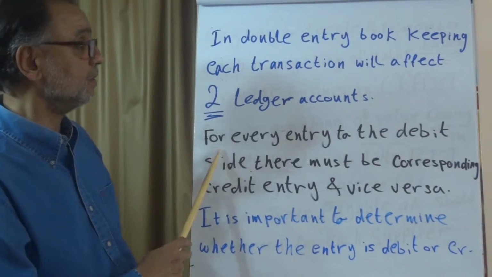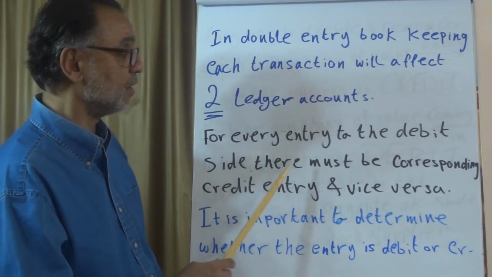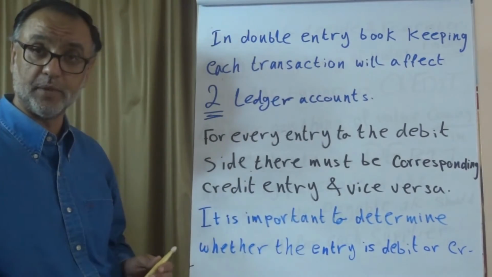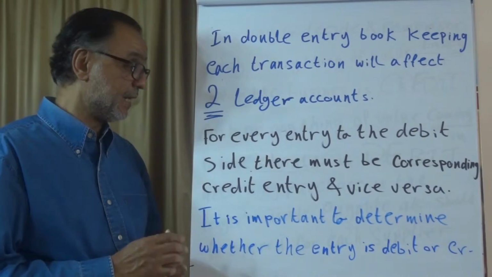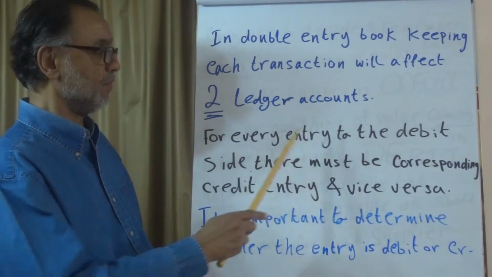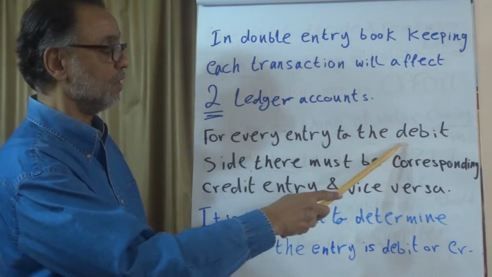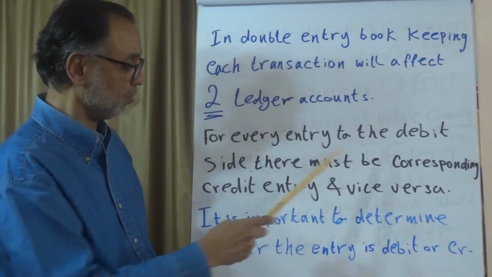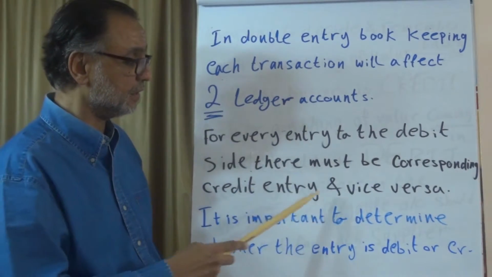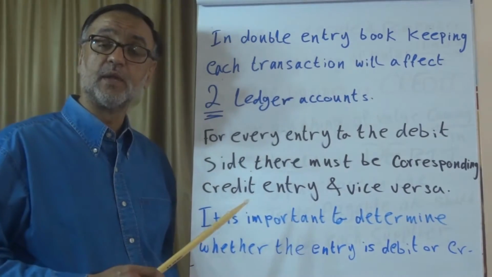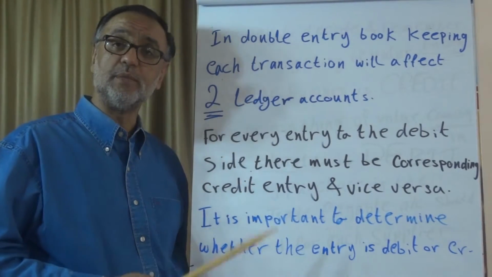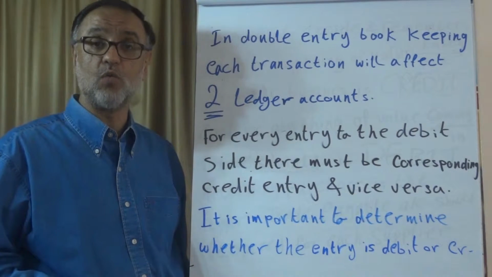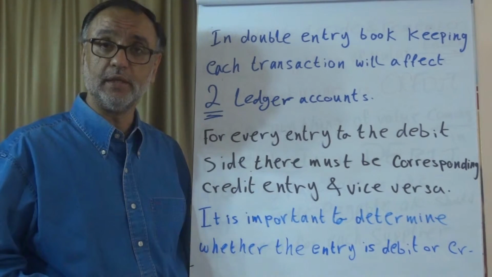For every entry to the debit side, there must be a corresponding credit entry and vice versa. If you did a debit entry, there should be a credit entry. If you did a credit entry, it should be a debit entry. This is what we call double entry bookkeeping.